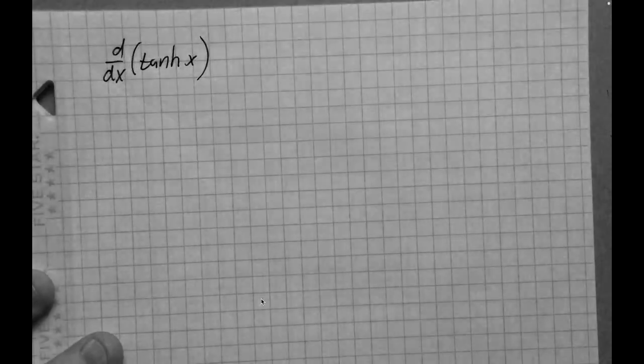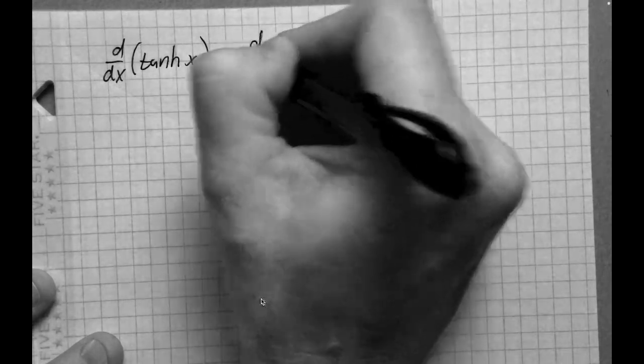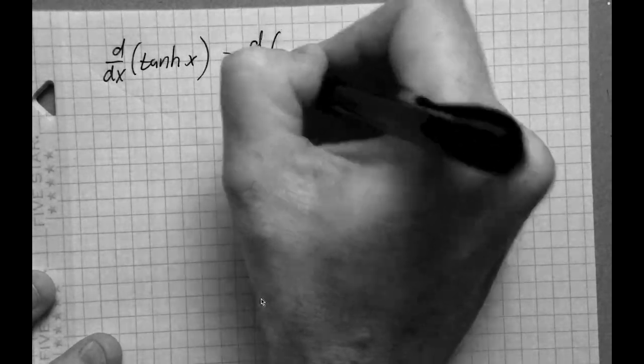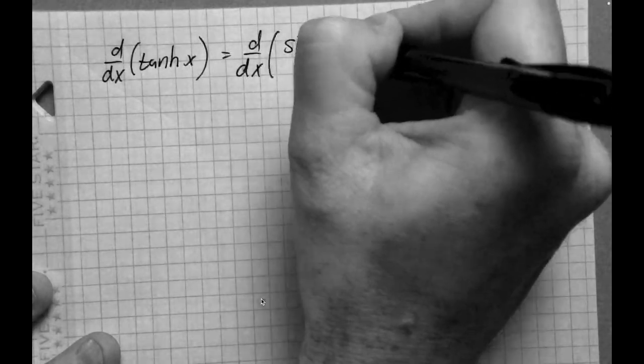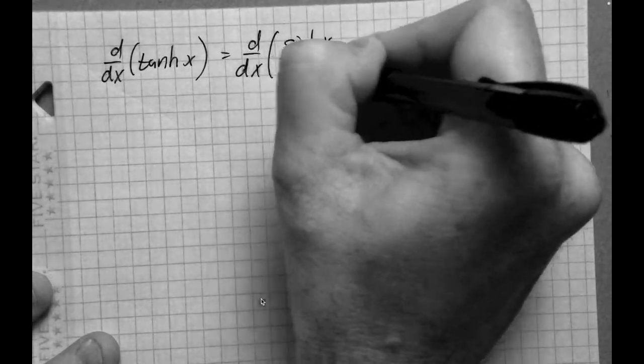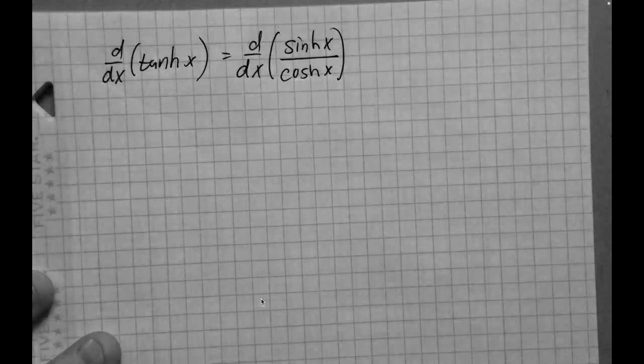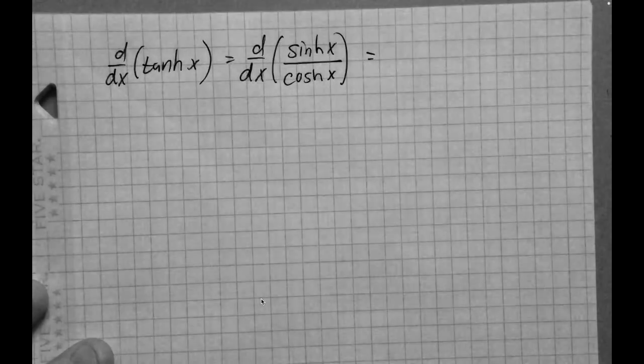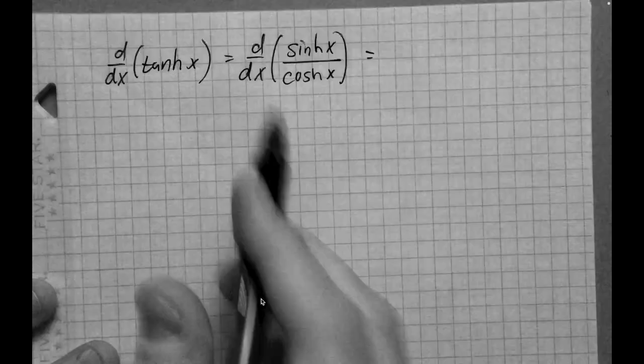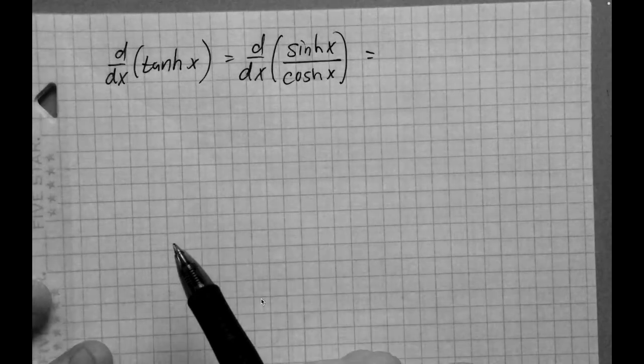Okay, if we want to differentiate this, we have to remember what the hyperbolic tangent is. It's the hyperbolic sine divided by the hyperbolic cosine. Sinh x over cosh x. Okay, kind of a little slang terminology there. And then we can use the quotient rule to differentiate this, right?